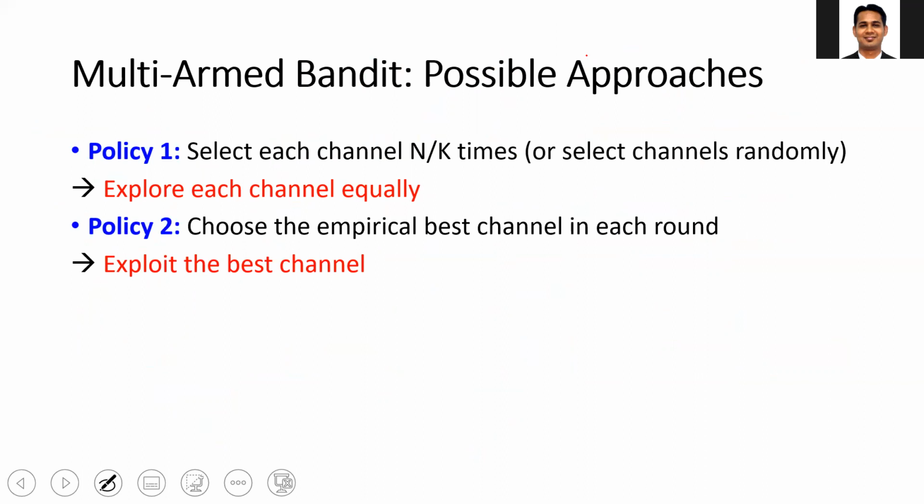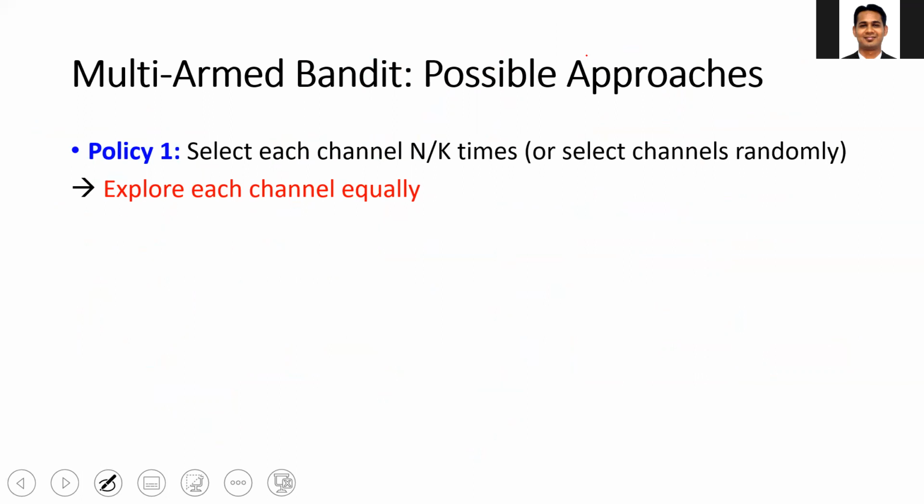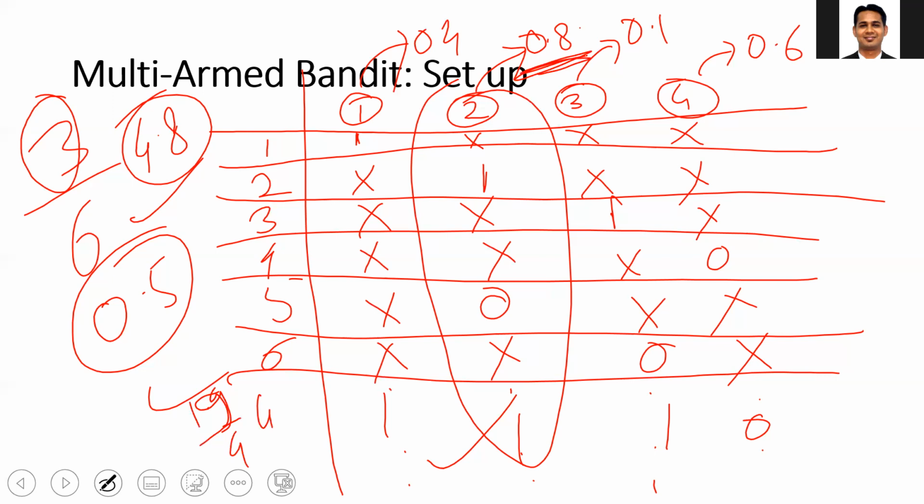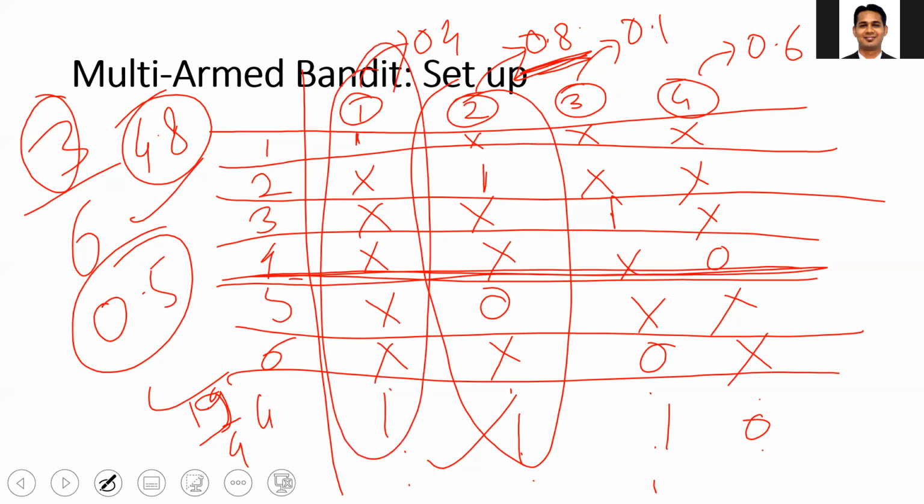Another policy is to choose the empirical best channel, so to exploit the best channel. For example, in the beginning, I select all the arms once, and then based upon the feedback I got, I'll just lock to a particular arm. Say I'll get locked to this arm. Okay, so in this case, what will happen?